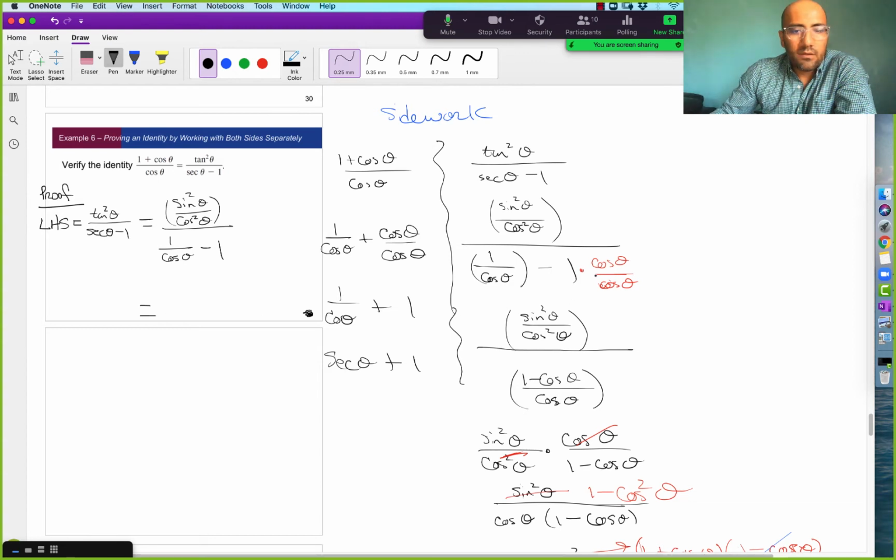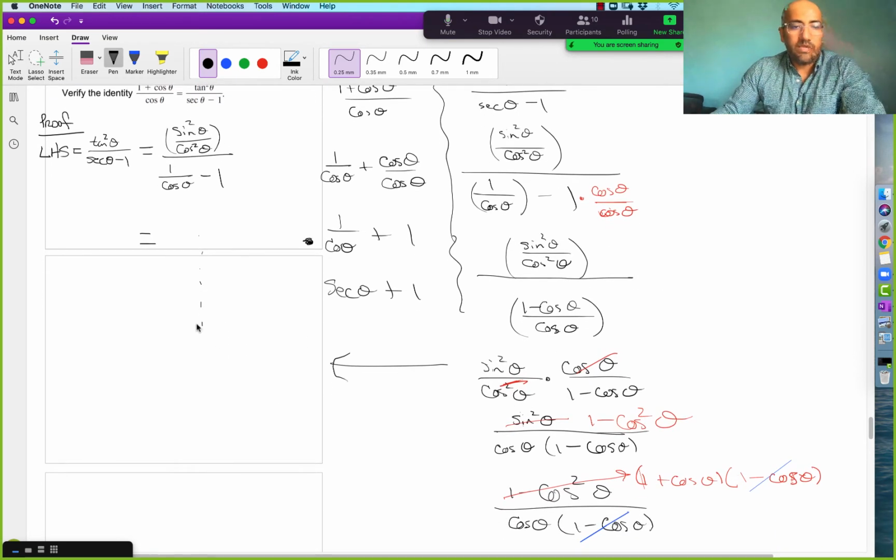And then, guided again by this over here, it's really the same thing. So repeat all of that over here. And then eventually we get down to, as we saw over here, all these steps later, we end up with 1 plus cosine of theta divided by cosine of theta, and then that equals the right-hand side.